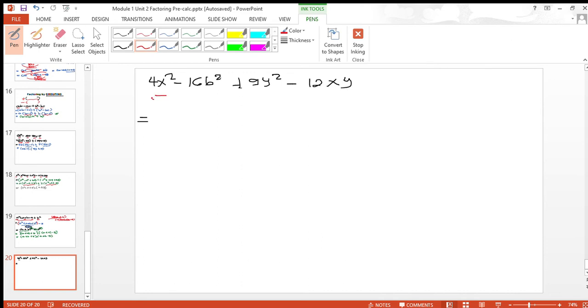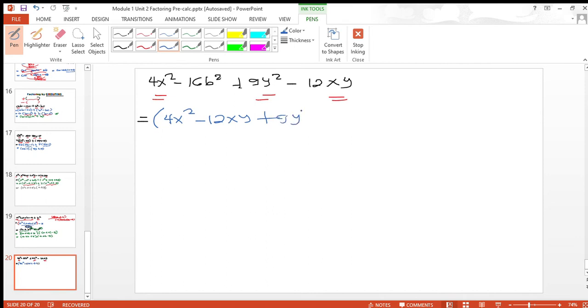We have x squared, we have y squared, we have xy. Since we have x squared, y squared, and xy, we might as well group them together. If we group those elements together, that should be 4x squared minus 12xy plus 9y squared.